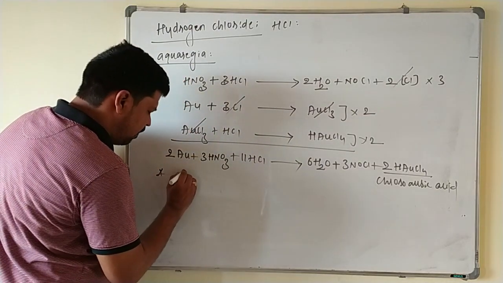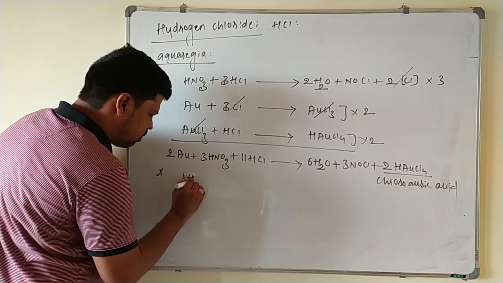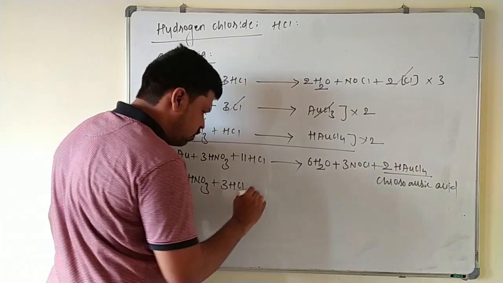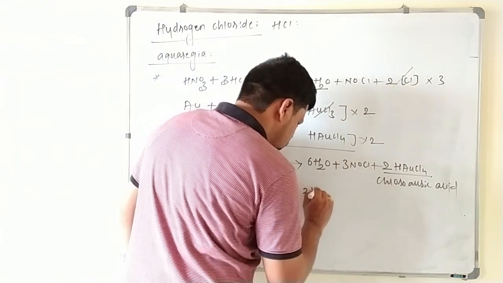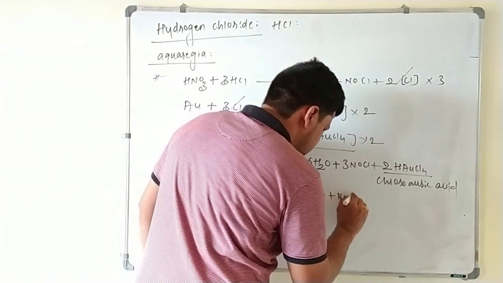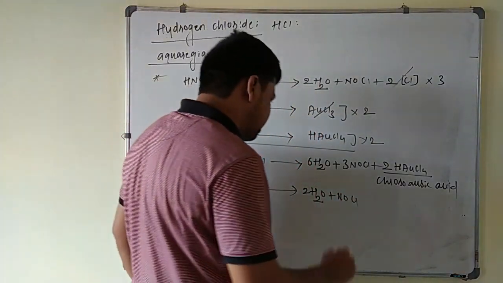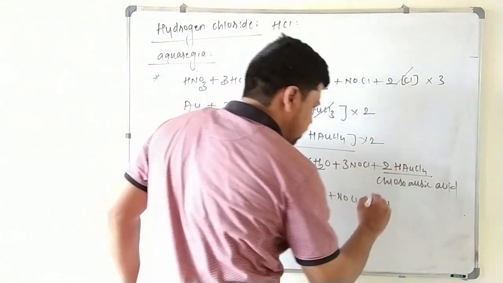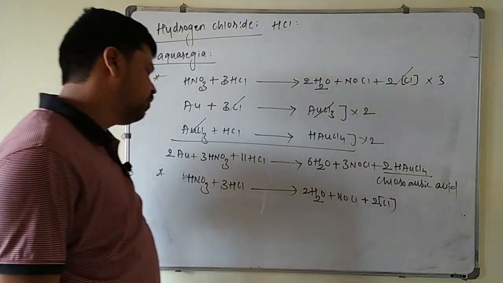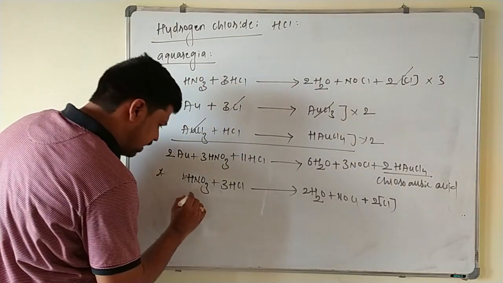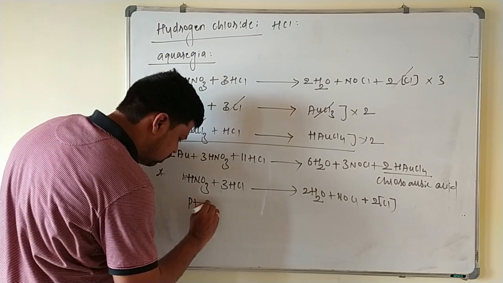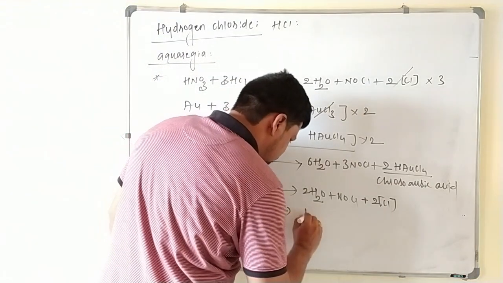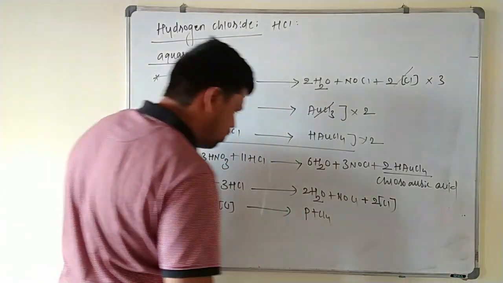Okay, so another mole of aqua regia will take, this is nothing but HNO3, this with 3 moles of concentrated HCl giving 2 moles of water plus 1 mole of nitrosyl chloride, plus it gives 2 nascent chlorines. So these are highly reactive chlorines here. Next, platinum reacts with 4 times of your nascent chlorine, it will form PtCl4.